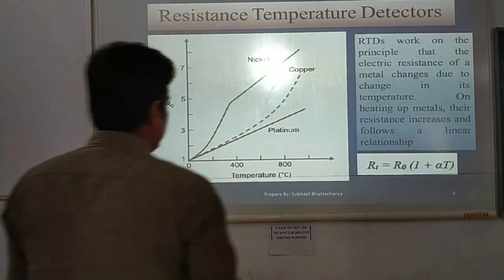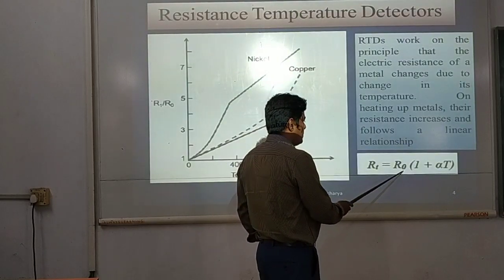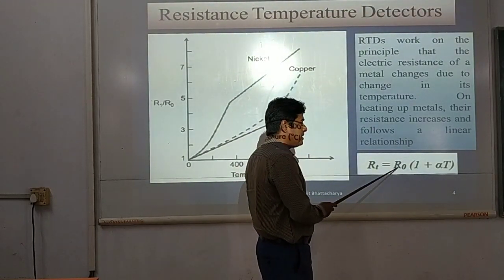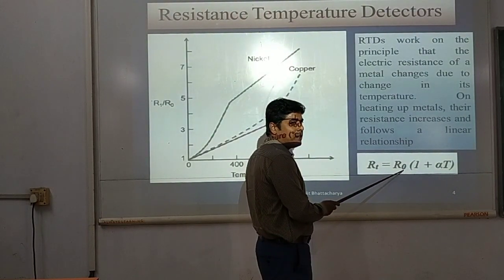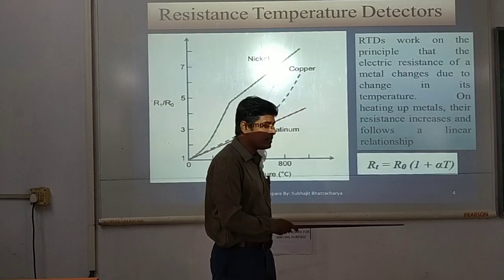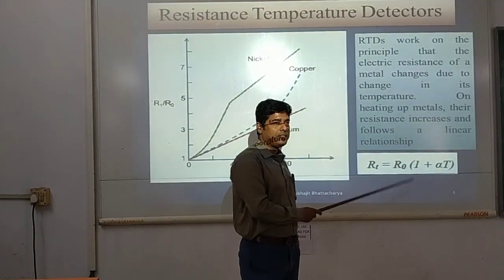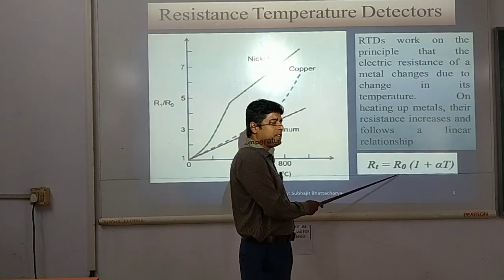In general, it is given by this formula, where R0 is the resistance at a particular temperature that we take to be 0 temperature, say 0 degrees Celsius; you can take 100 degrees Celsius, according to our convenience. So at that temperature, what was the resistance?